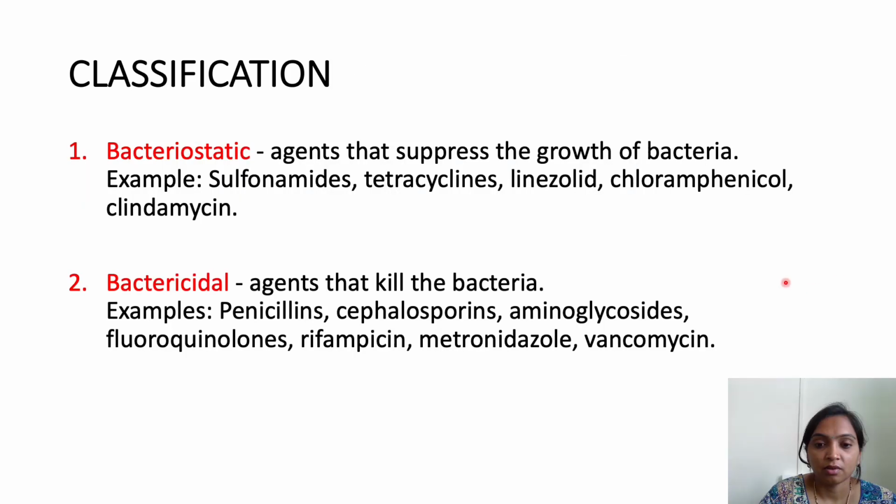So that is about the classification based on mechanism of action. Based on whether it will just prevent the growth of the organism or kill it, they are classified as bacteriostatic and bactericidal drugs. Static, as the name suggests, will suppress the growth.